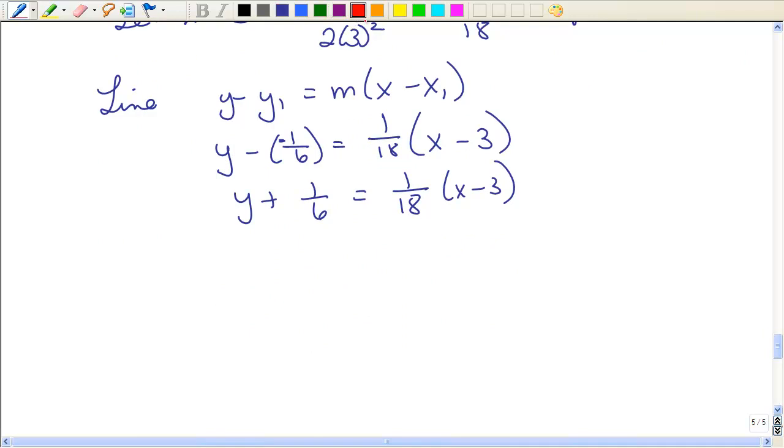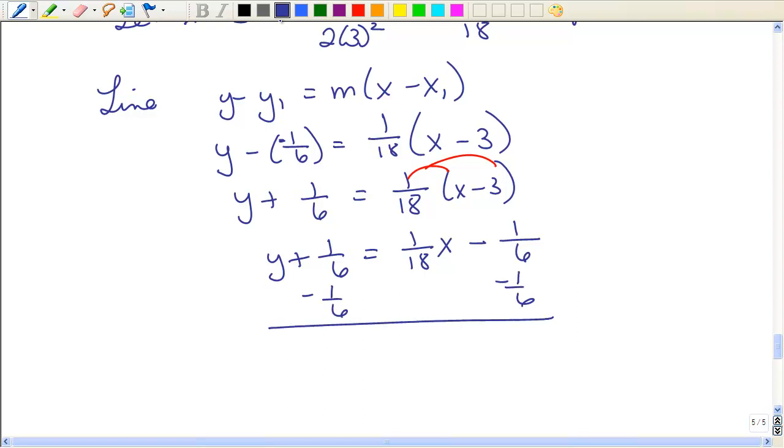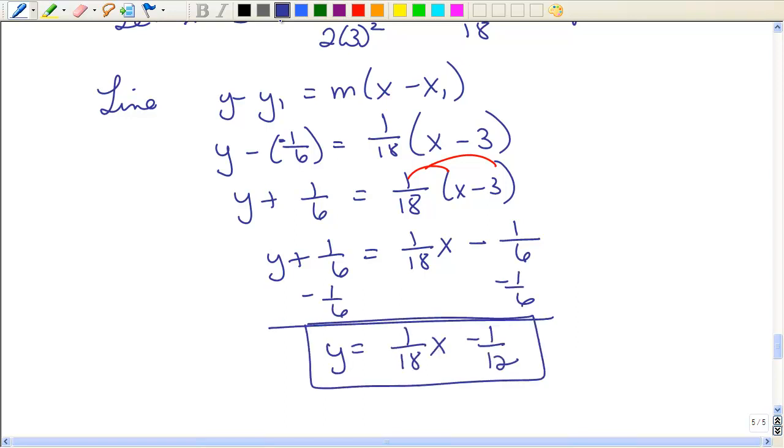Let's do that. If I distribute my 1/18, let's see, 3 over 18, 3 goes into 18, what? Then if I subtract 1/6 from both sides, that would be the equation of the tangent line to the graph of 1 over 2x at that point.